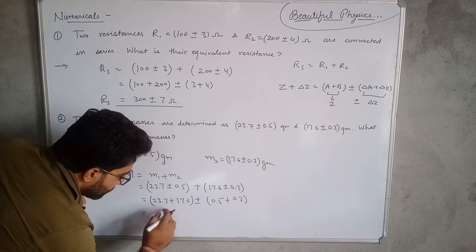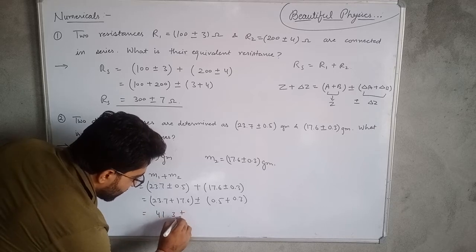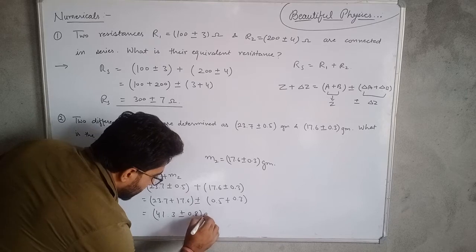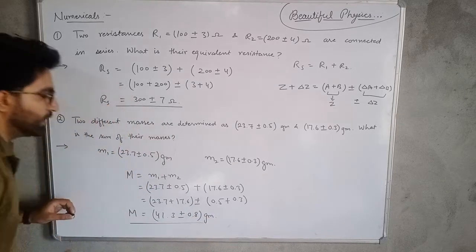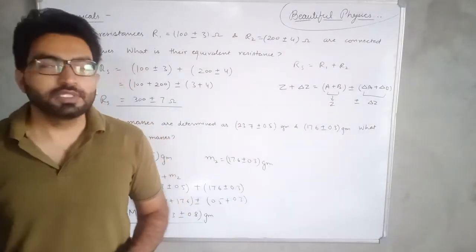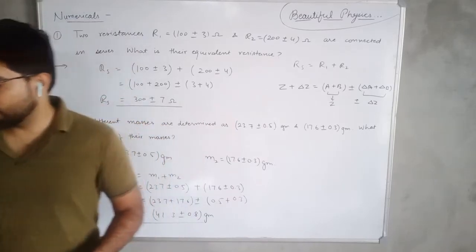It will be equal to 41.3 plus minus 0.8 gram. So the equivalent mass will be 41.3 plus minus 0.8 grams. So these are the two examples, and let's discuss more examples.